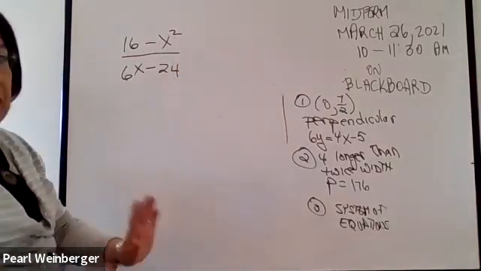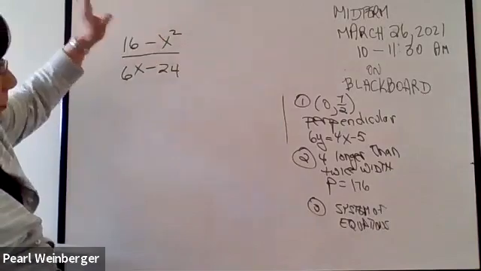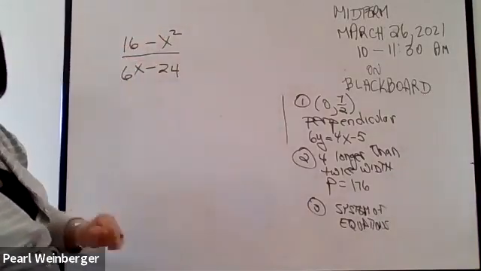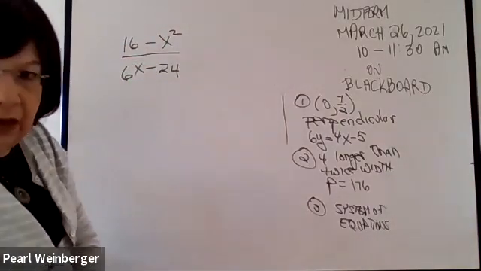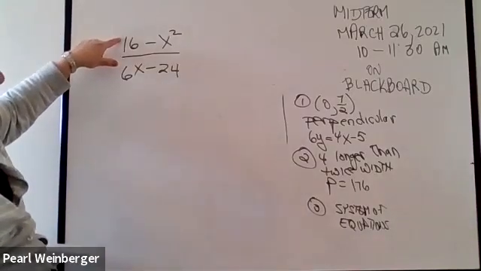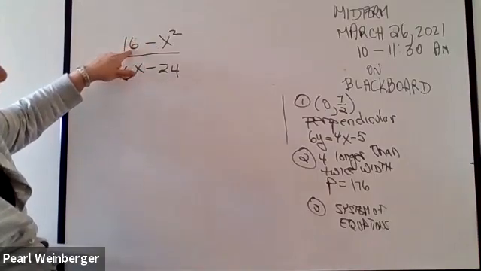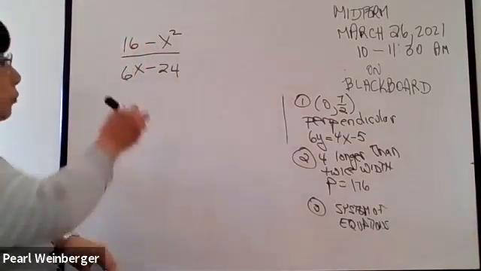And again, I want to factor this because there is a binomial on top and a binomial on the bottom. I can only cancel out like binomials. So the top is a difference of squares. 16 is a perfect square, 4 times 4.